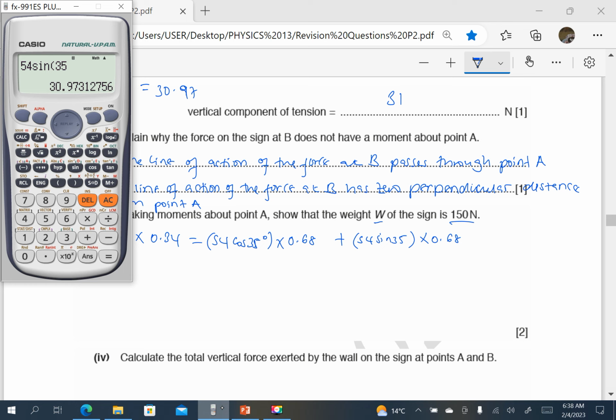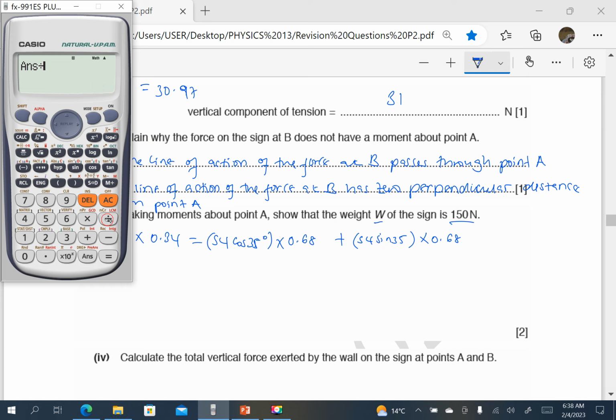So we check our calculator. On the right hand side, we shall have 54 cos 35 times 0.68 plus, I'll open the brackets, 0.68 times 54 sin 35, which is 51.1.